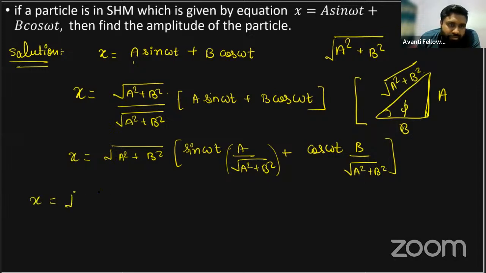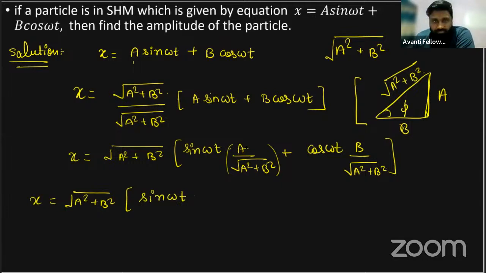x equals square root of a square plus b square, sine omega t. You can write a over root a square plus b square as the value of sine phi, plus cos omega t, and b upon root a square plus b square is cos phi.